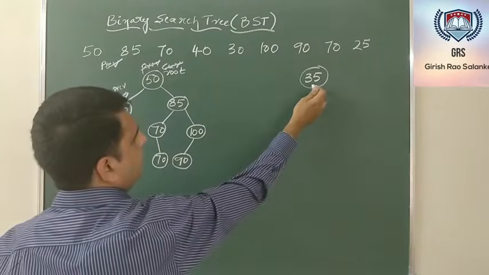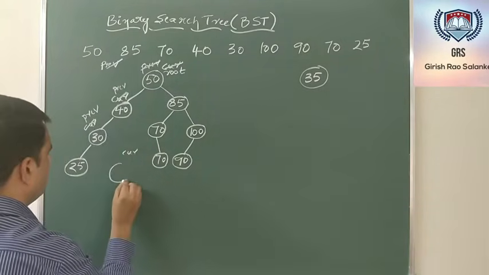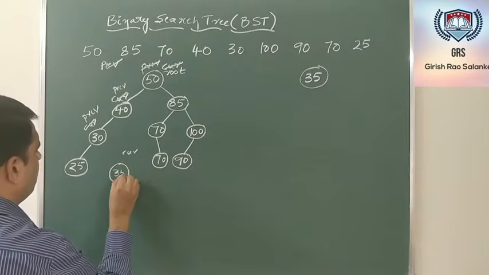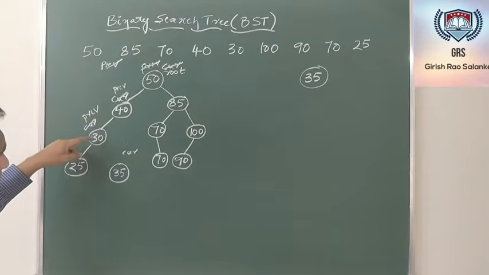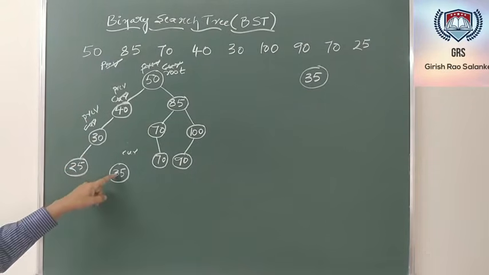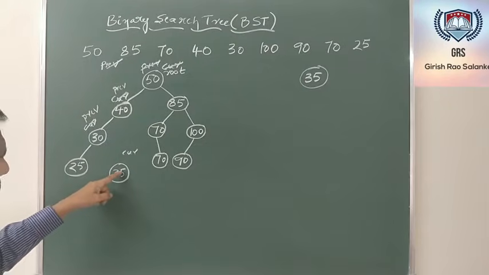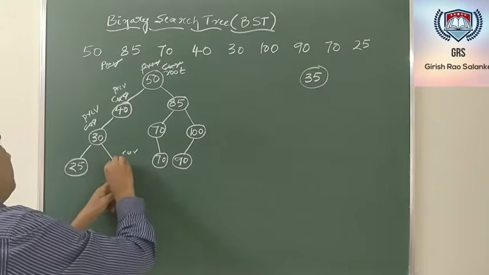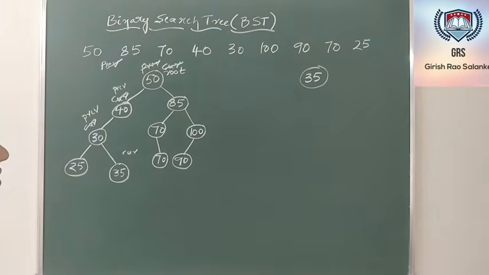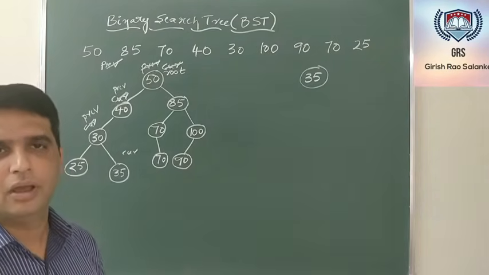Now I need to place this 35. I need to check with my previous. If previous of data is less than the new item, then this new item has to be the right child of the previous. So this is what we'll be doing in our code.